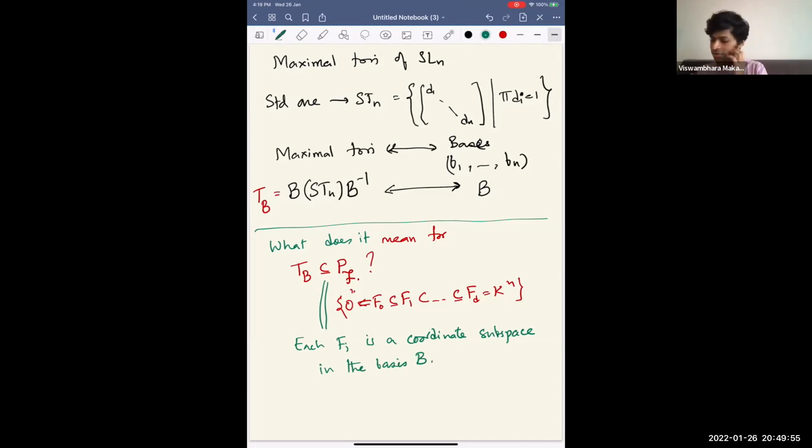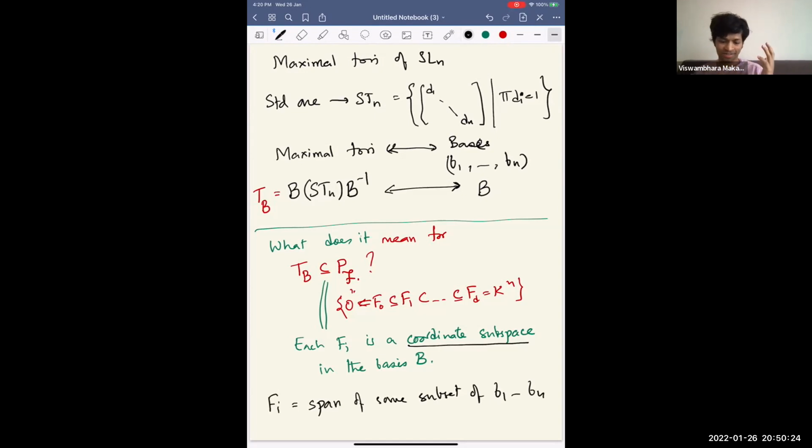It means each of these subspaces in the flag should be spanned by some subset of b_1 to b_n. So F_i is equal to the span of some subset of b_1 to b_n. That's what it means.